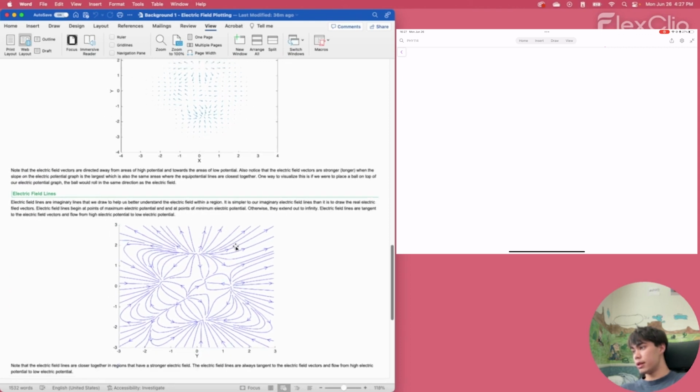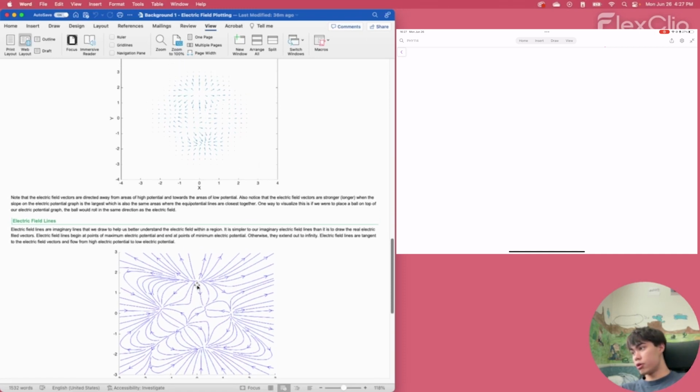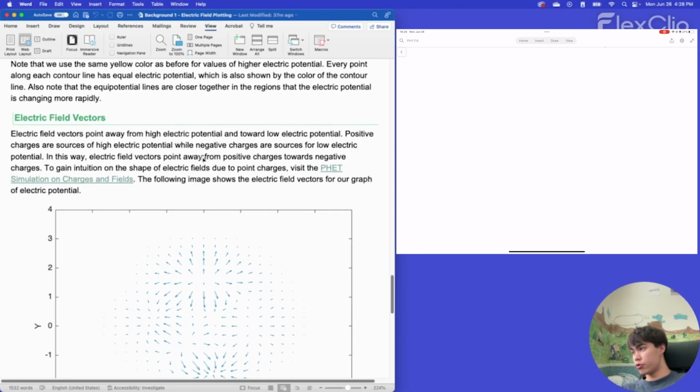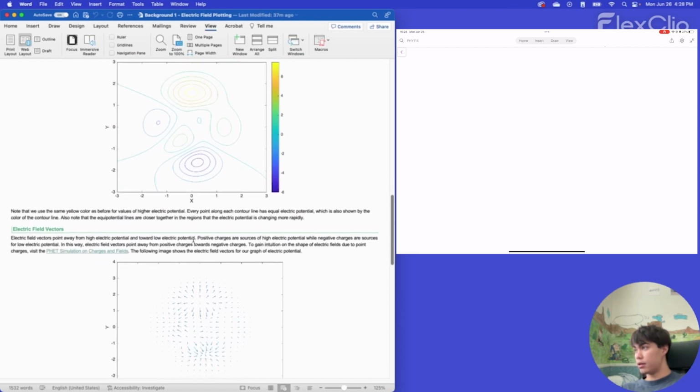Electric field lines are similar to the electric field vectors. They're always parallel to the electric field vectors, and they just kind of follow them. But they start at peaks and end in pits. They don't end or start anywhere else. They just go out to infinity everywhere else. You can see the field vectors are much shorter where the field is weaker, and the lines are further apart where it's weaker.